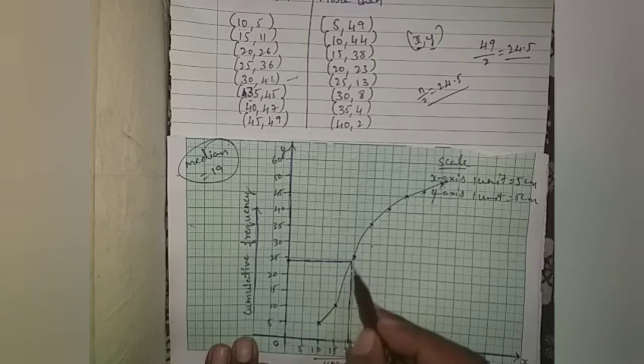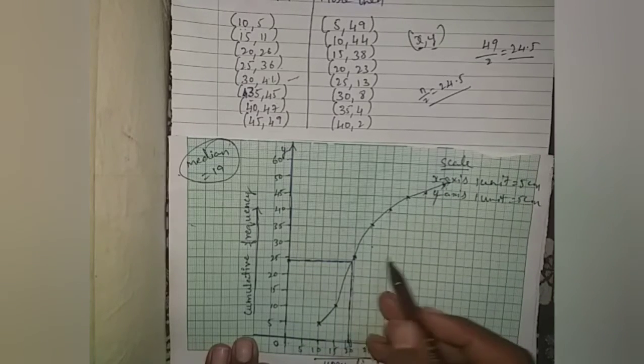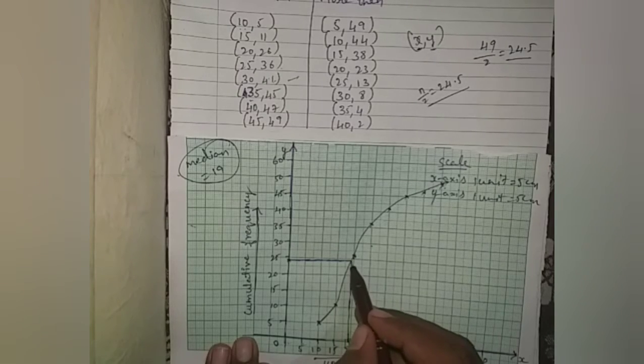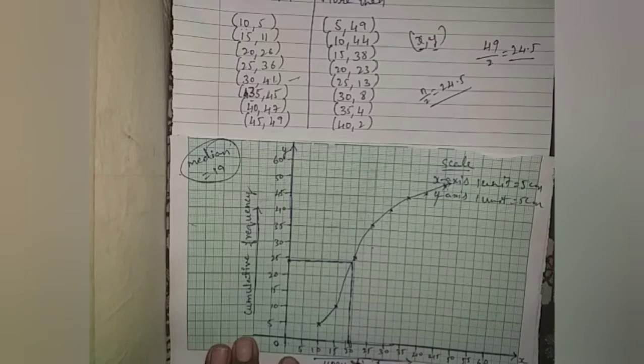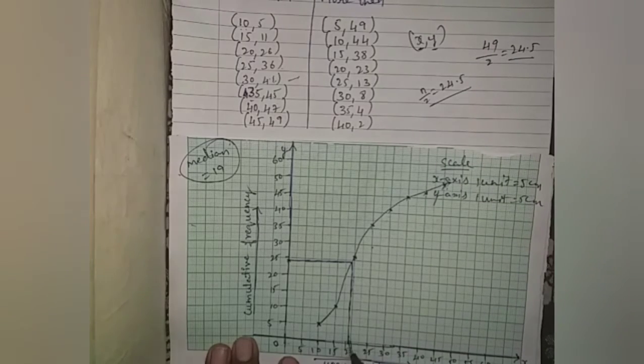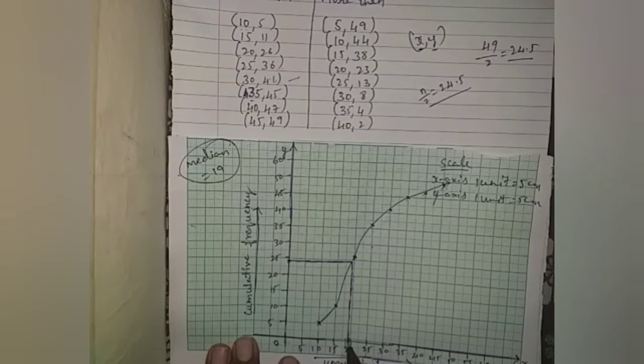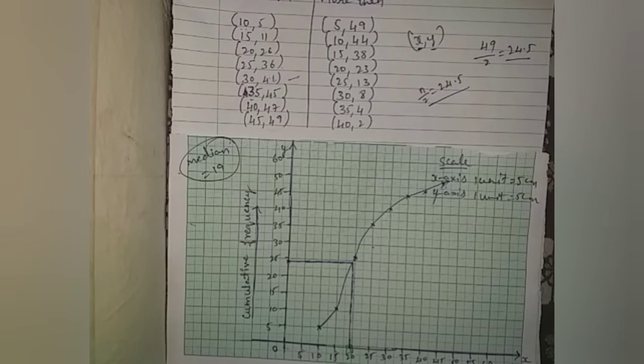It should touch the less than graph. Once it touches the graph, just draw a straight line from that point to the x-axis. Somewhere on the x-axis the line will touch at one point. That point we consider as the median.